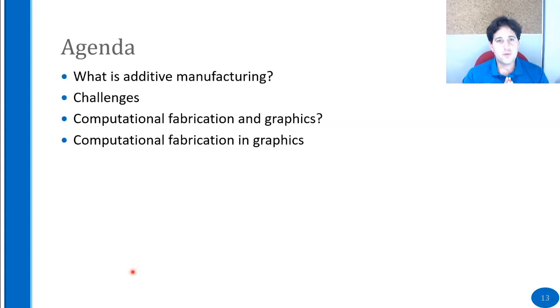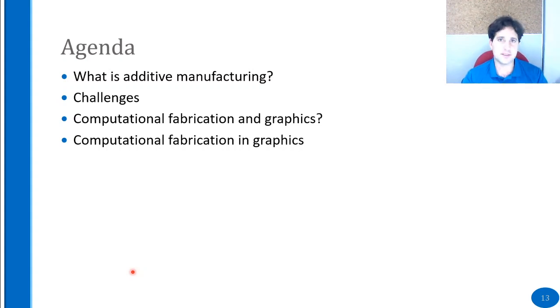So what I want to talk to you about today in this talk is the following. First, what is additive manufacturing? I'll show you a few of the technologies out there and what it means in general. Then I'll talk about what the challenges are, and of course there are still many, for this field. And finally, I will talk about maybe the question that you all have at this moment. So, what does it have to do with me, right? What does computational fabrication and 3D printing have to do with the graphics and specifically the geometry processing community?